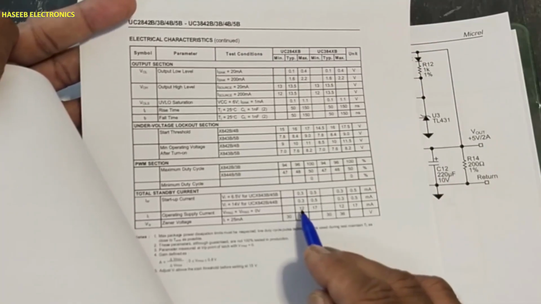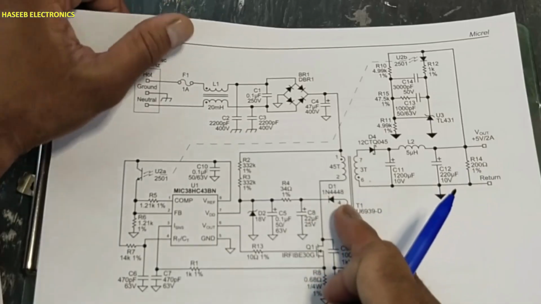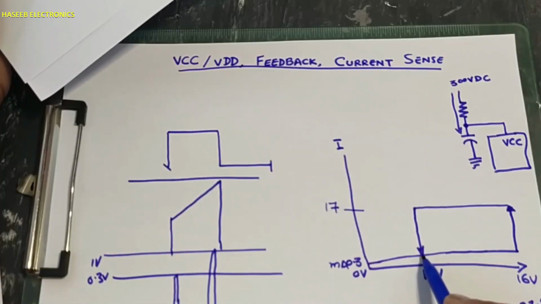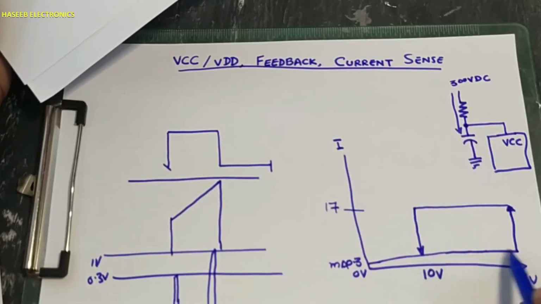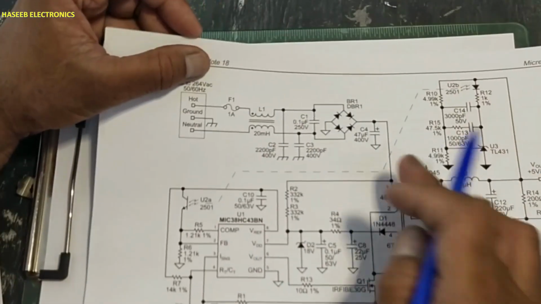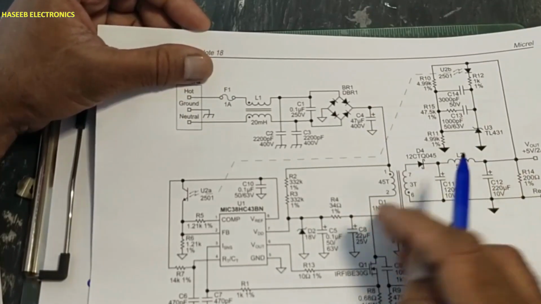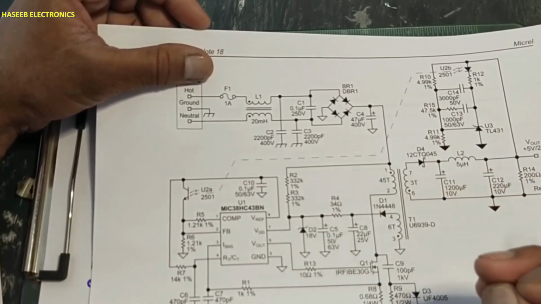In the second datasheet it says 12 to 17 milliampere. When this circuit starts, it will maintain voltage above this limit in any portion. That will depend on the duty cycle and on the load size, because it is a flyback transformer.